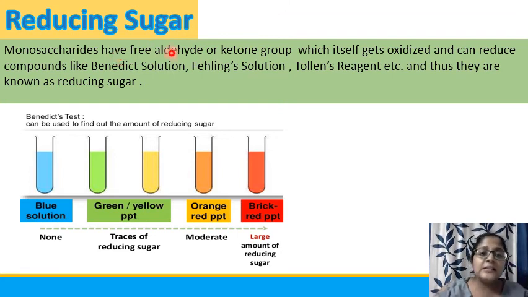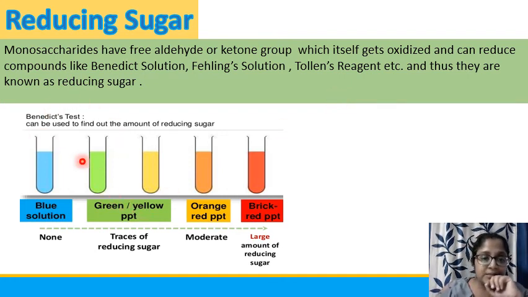Monosaccharides have a free aldehyde or ketone group which itself oxidizes and can reduce compounds like Benedict's solution, Fehling's solution, or Tollens reagent, and change their look. That is the reducing sugar property of monosaccharides, because they have a free aldehyde or free ketone group which can reduce compounds.